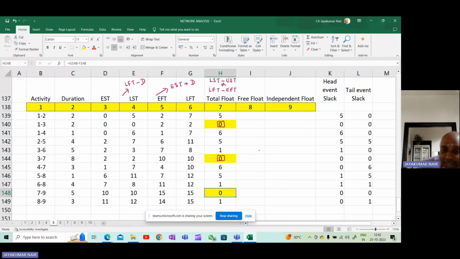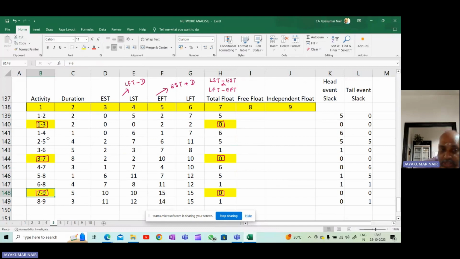So this will also indicate that these activities are critical. So here also you can put it in a box, this particular activity, and 3, 7, this activity, and this. These are critical activities.